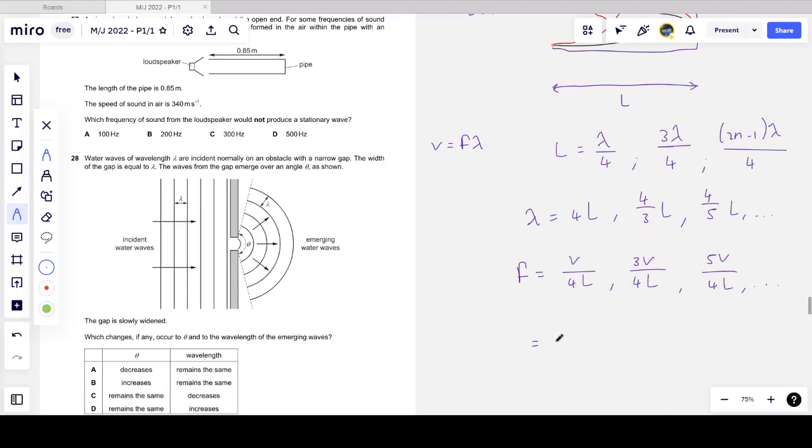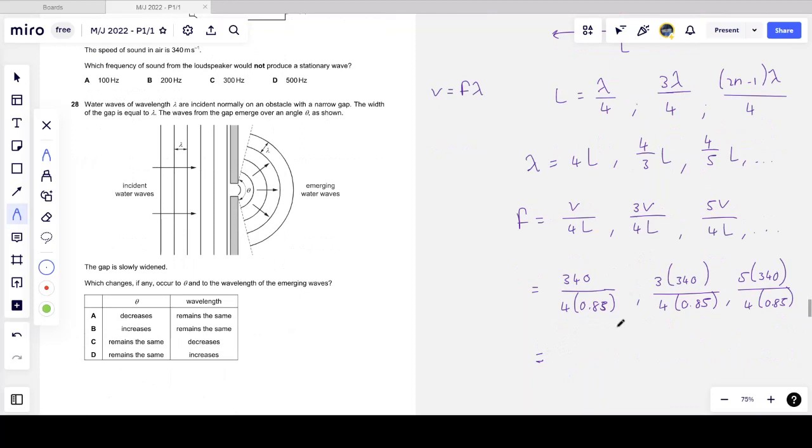And guess what? I know the speed of the waves, always 340 meters per second, the speed of sound in air, divided by 4 times the length, which again is always constant, 0.85, and then 3 times 340 meters per second divided by 4 times 0.85, and then another one would be 5 times 340 divided by 4 times 0.85.